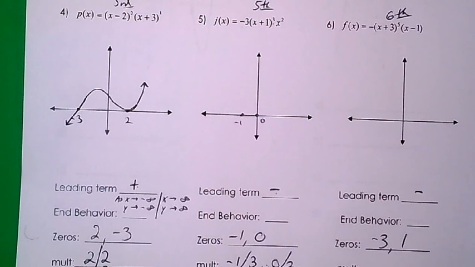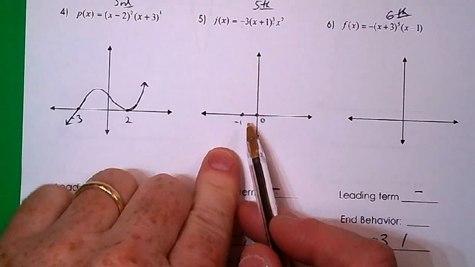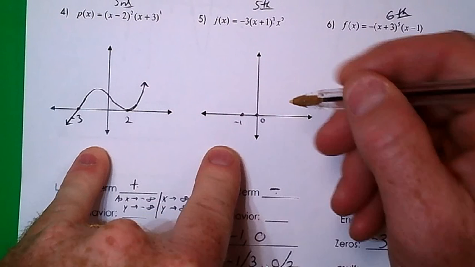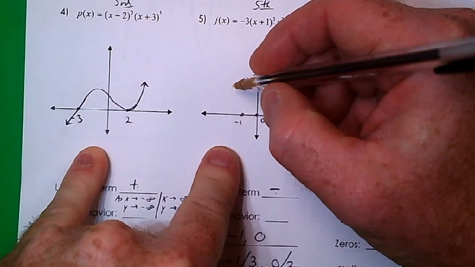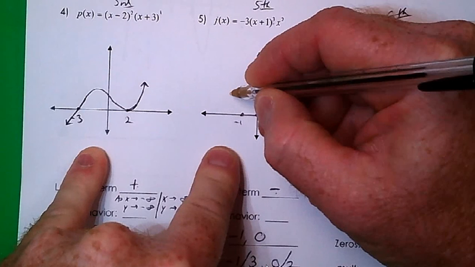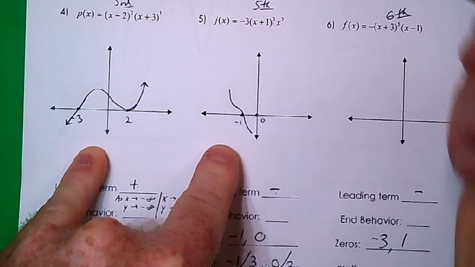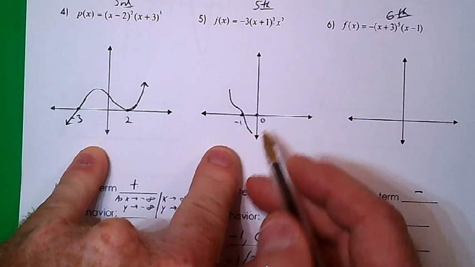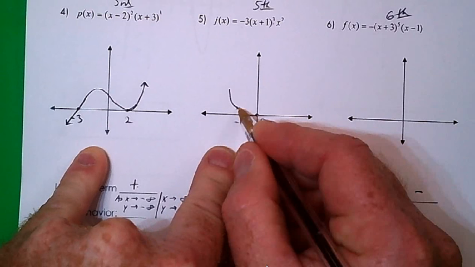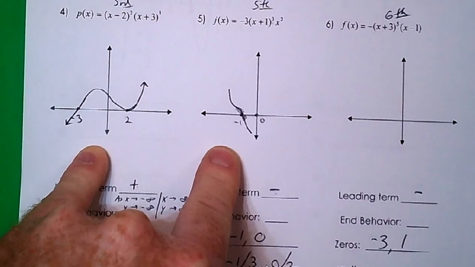Alright, so the -1 is going to have the squiggly. So here's how it should be: you're going to come down, curve down through it, and then come out. Now, that's not a great drawing. That's ugly. So I'm going to do a little squiggly right there, just so you know that I know what you're doing.